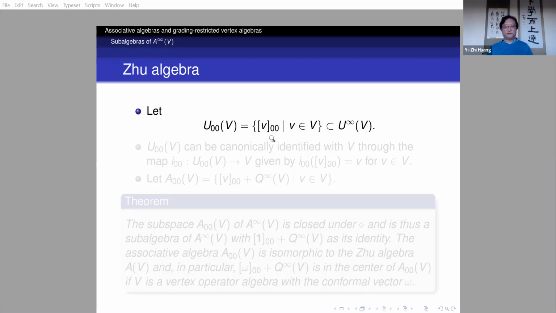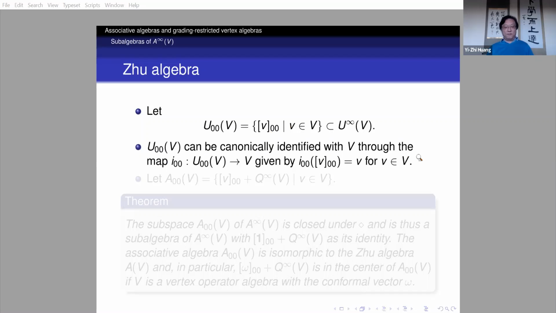So only at (0,0) is it non-zero, and it's equal to some element in V. So it's just given by these. Certainly you can identify this subspace of U infinity V with V, right?